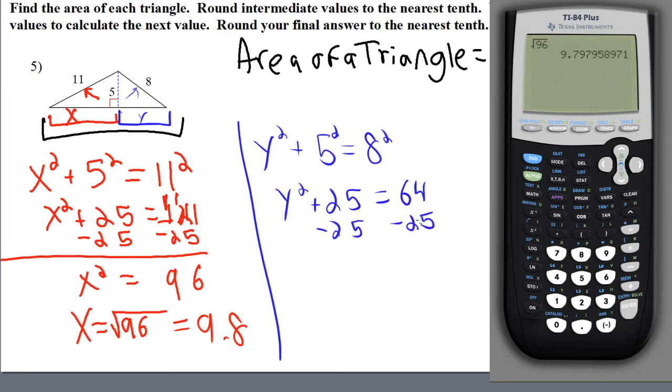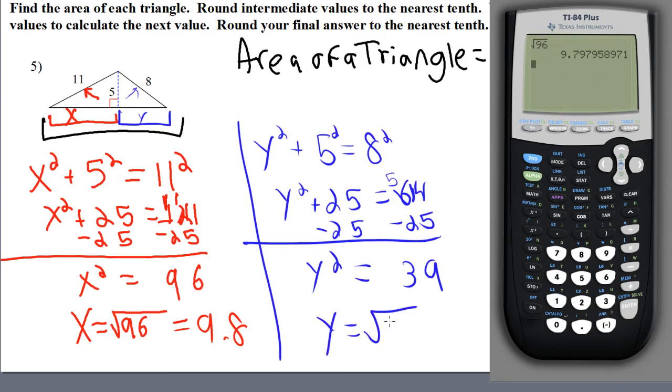Minus 25. You get y squared equals, 4 minus 5 won't do, so you cross out the 6, make it a 5. Bring the 1 over from the tenths place. 14 minus 5 is 9. 5 minus 2 is 3, so y squared equals 39, or y equals the square root of 39.